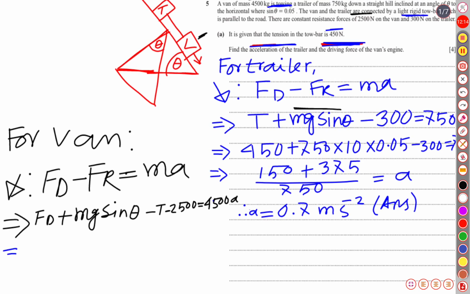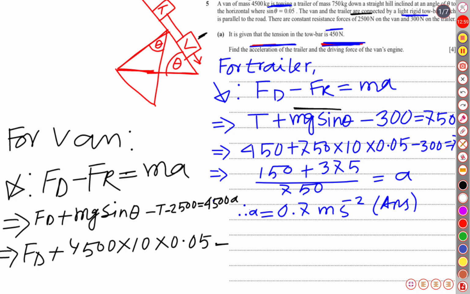The driving force is going to remain unchanged, plus the mass of the van's engine, 4500, into acceleration due to gravity, which is 10, and sine theta is, as usual, 0.05, minus tension.